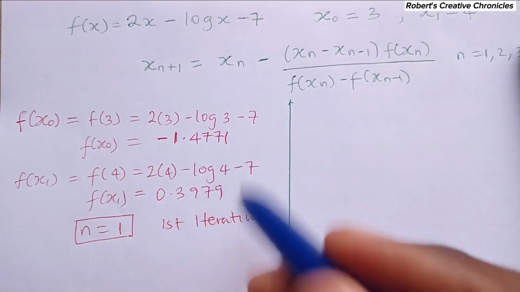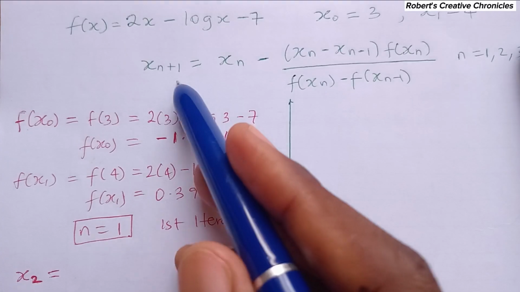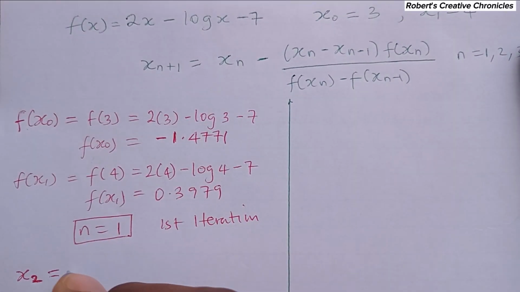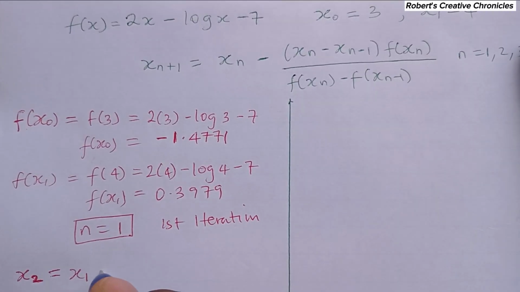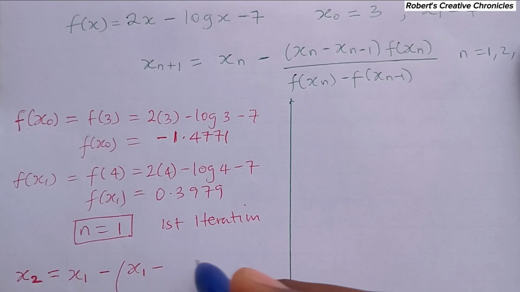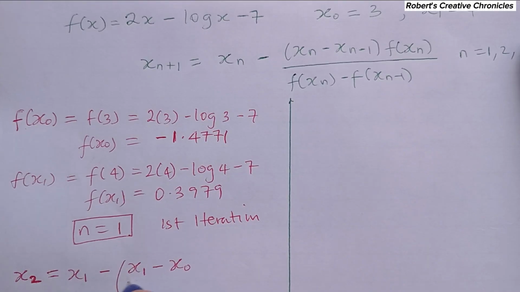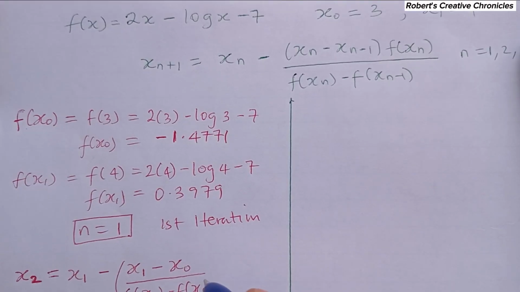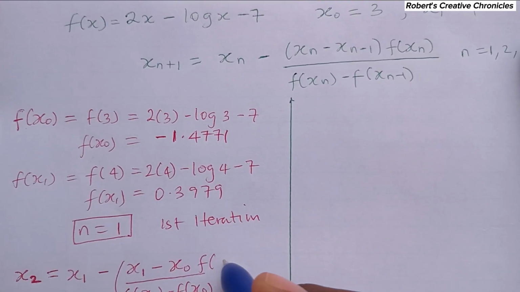So when n is equal to 1, it will be x2, since 1 plus 1 is 2, is equal to x1 minus (x1 minus x0, since 1 minus 1 is 0) over (f(x1) minus f(x0)), multiplied by f(x1).